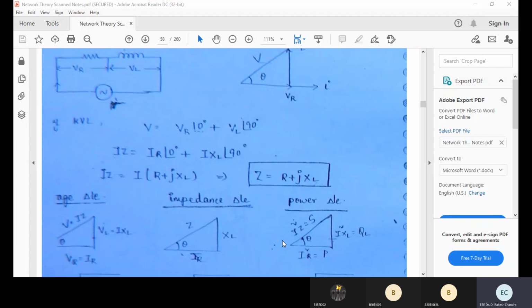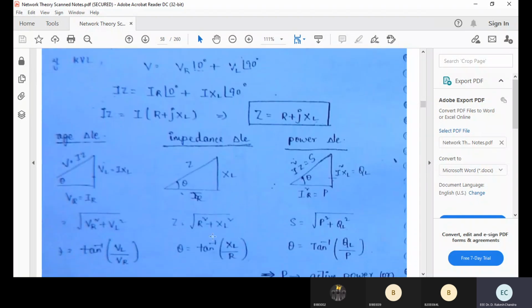What is XL value? You are not aware of what is the value of impedance offered by an inductor. XL is equal to L into omega. Right, your XL is equal to L into omega, where omega is 2 pi f, the angular frequency.